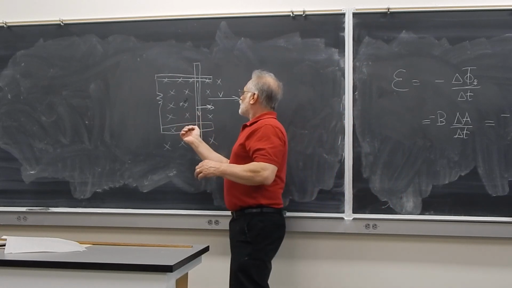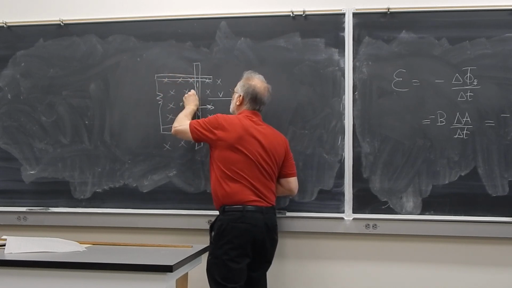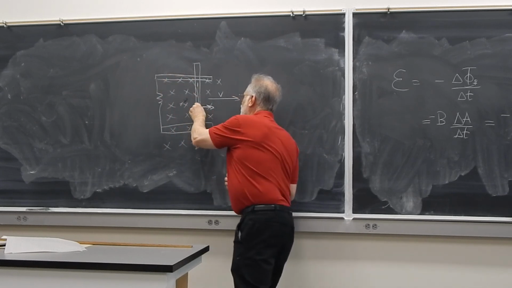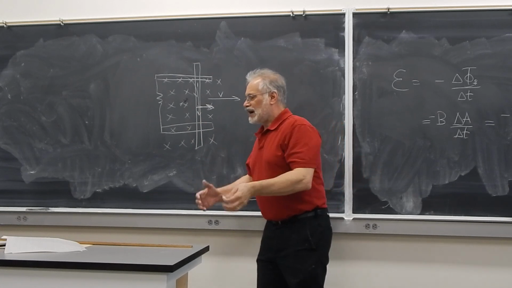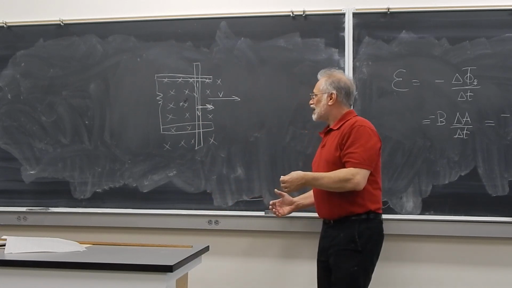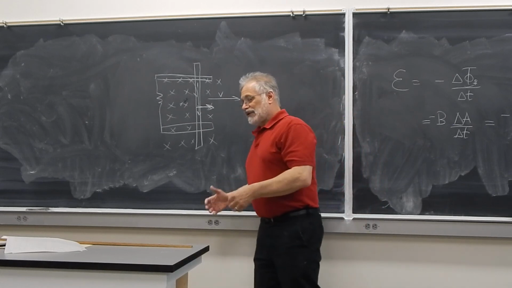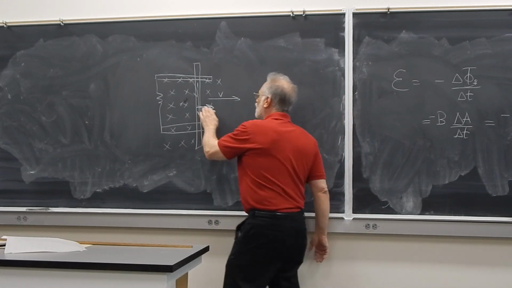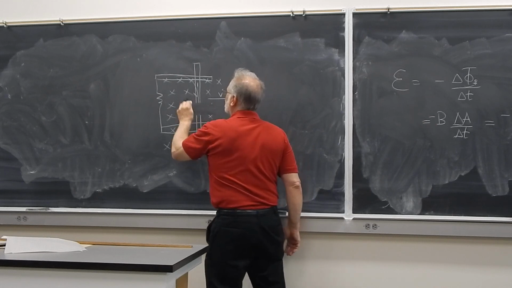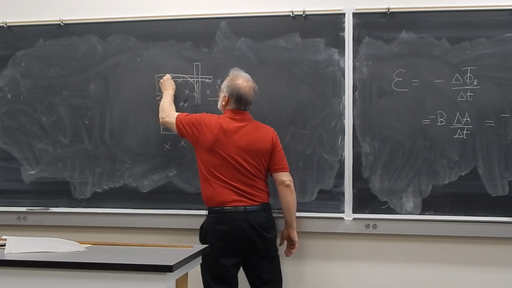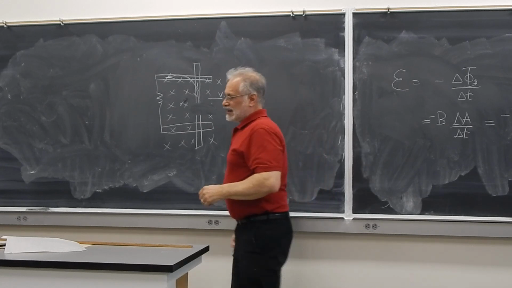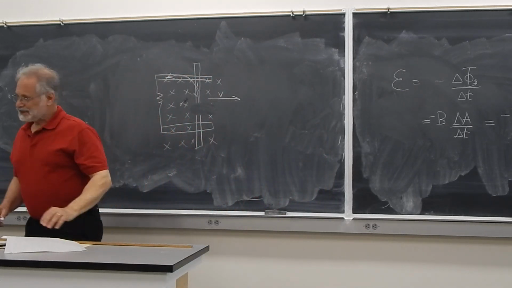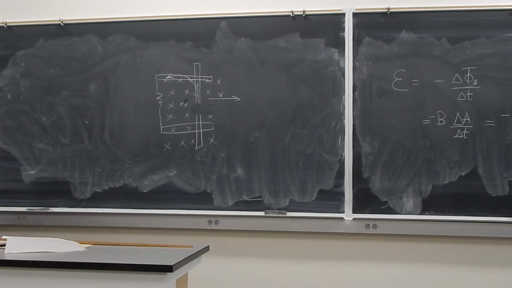If it were true that the current would go the wrong way, that would cause this bar to accelerate to the right with no effort. Not allowed. Physics doesn't allow such a thing. Therefore, it's sort of a proof by contradiction. So we know that the current is going to go counterclockwise to resist this change in magnetic flux. And so that saves one of the important laws in physics.